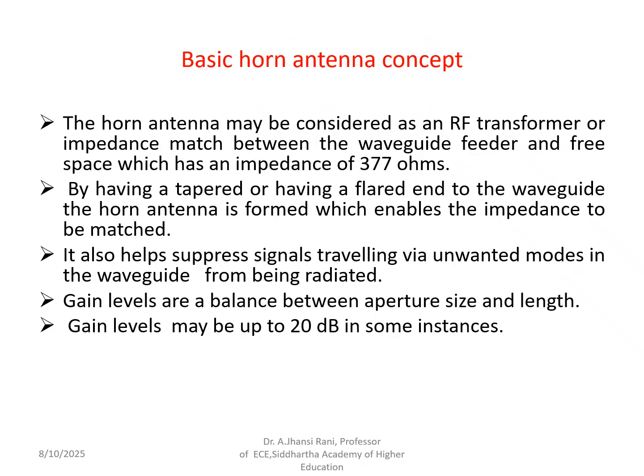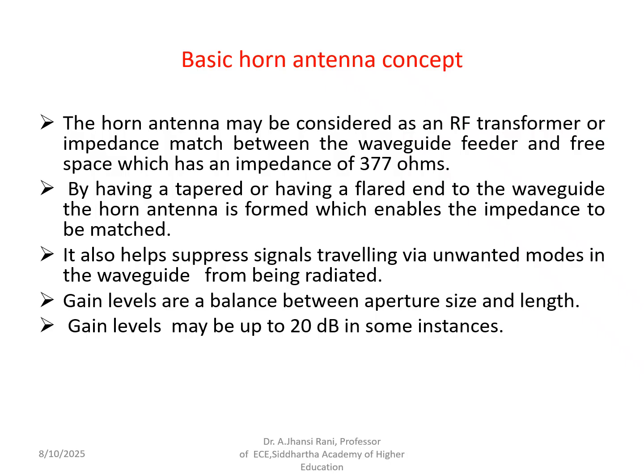The main concept of the horn antenna is that it may be considered an RF transformer, providing impedance matching between the waveguide feeder and free space, because free space has an impedance of 377 ohms.